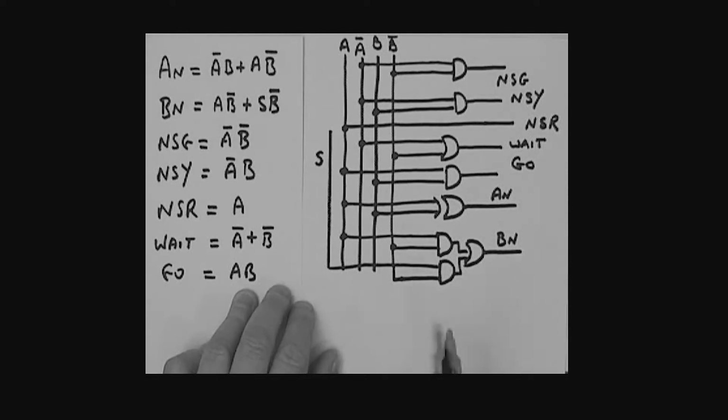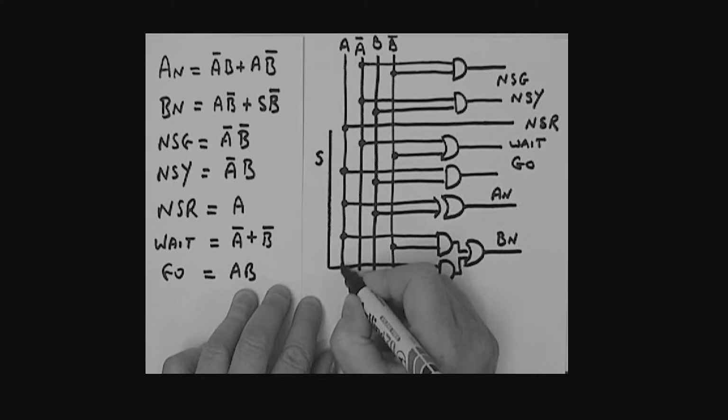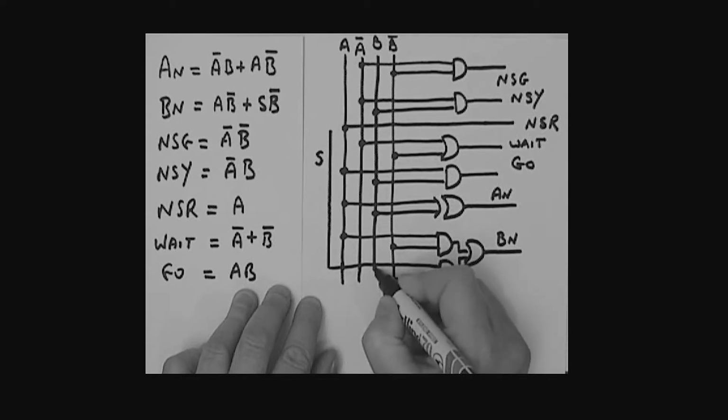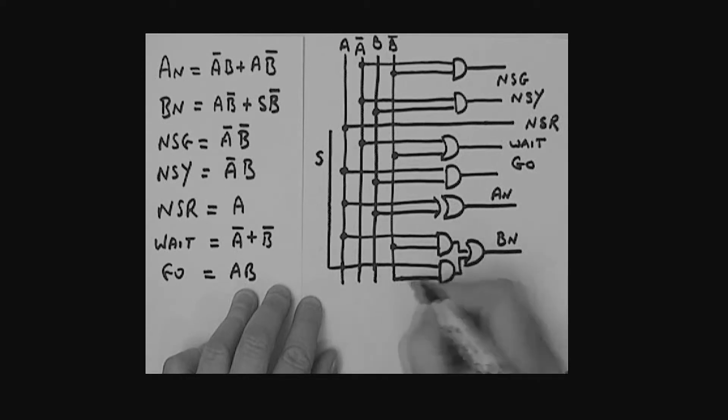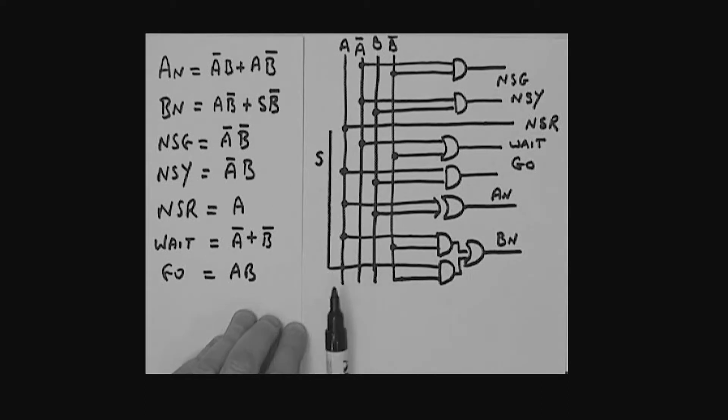All right, so basically I've now got the logic here. Of course, this is the A, this is A bar, this is B, and this is B bar. So I've just got, at the moment, a wire for A, a wire for A bar, a wire for B, and a wire for B bar, and where I'm showing the dots, those are the appropriate connections to the logic.